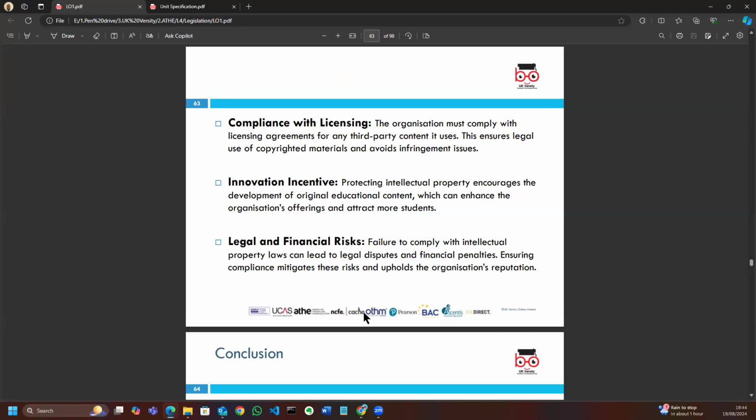Then lastly, we have compliance with licensing, innovation incentive, and legal and financial risks.